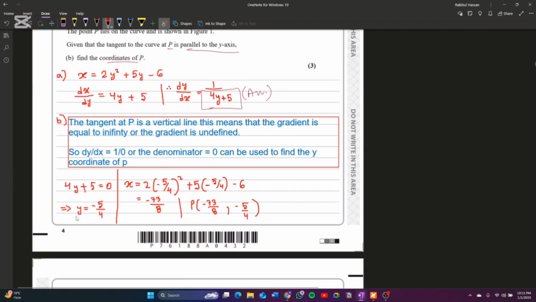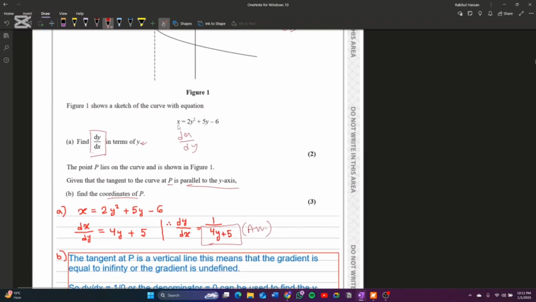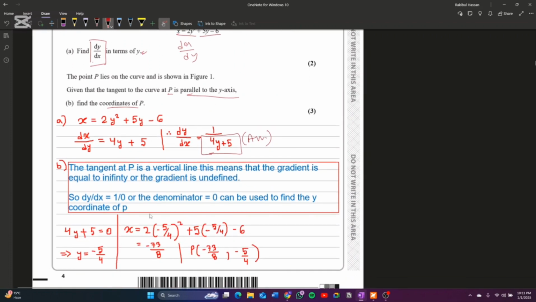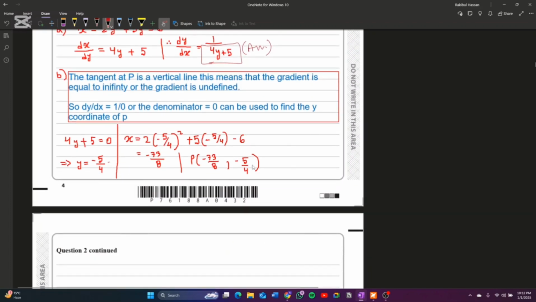Therefore, we can find the value of y, which is negative 5 over 4. From the main equation, x equals 2y squared plus 5y minus 6, if we input the value of y that we found, we can find the x coordinate, and therefore the coordinates of P will be minus 73 by 8 and minus 5 over 4.